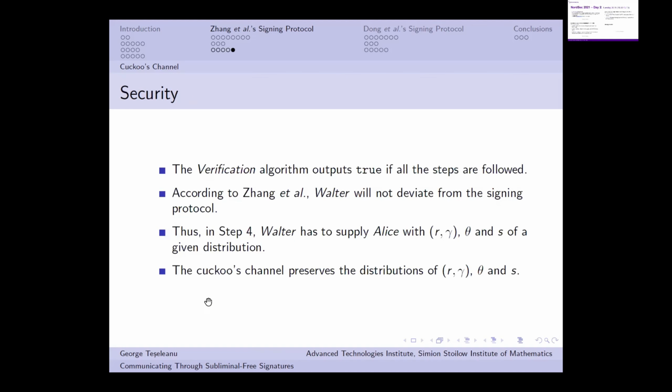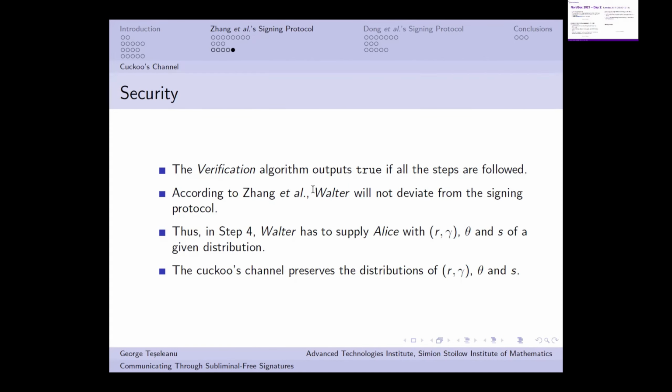Now, some security notions. As I said before, we had to modify the protocol such that the verification algorithm works. We have a small thing to say here: according to the original authors, Walter will not deviate from the signing protocol.